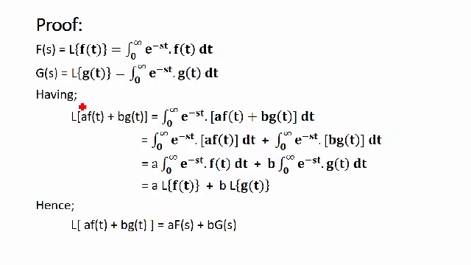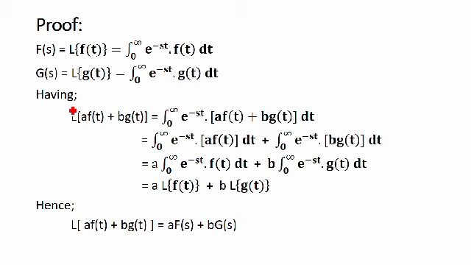So they have given us that capital F of s is equal to the Laplace transform of f of t, and we know that the Laplace transform of f of t is equal to the integral from 0 to infinity of exponential negative st times f of t dt. And G of s is equal to the Laplace transform of g of t, which is equal to the integral from 0 to infinity of exponential negative st times g of t dt.